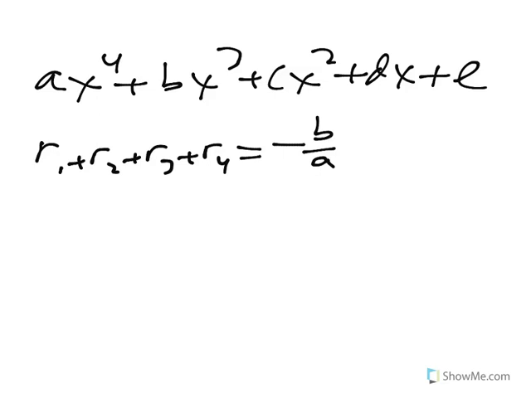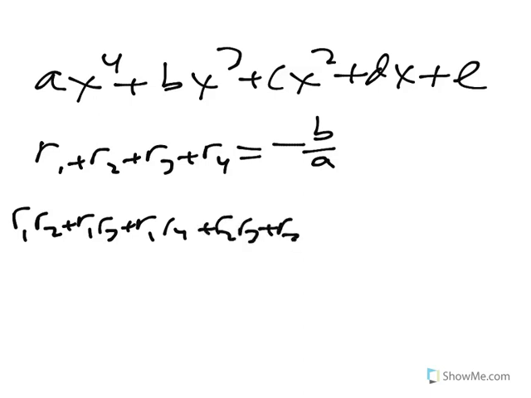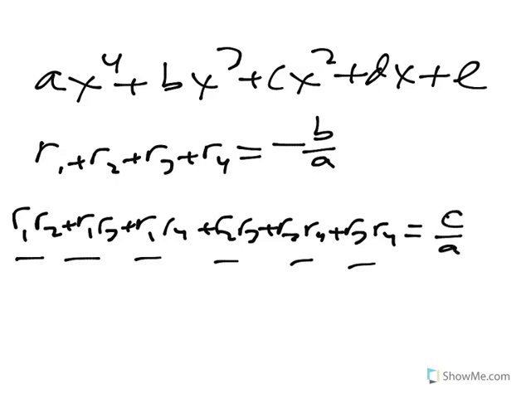The sum of the roots taken 2 at a time, and there's a lot of them, I think there's 6 pairs: R1 R2, R1 R3, R1 R4, R2 R3, R2 R4, R3 R4, 1, 2, 3, 4, 5, 6. That's going to be regular C over A. The sum of the roots taken 3 at a time is going to be negative D over A. There's only 4 of those.